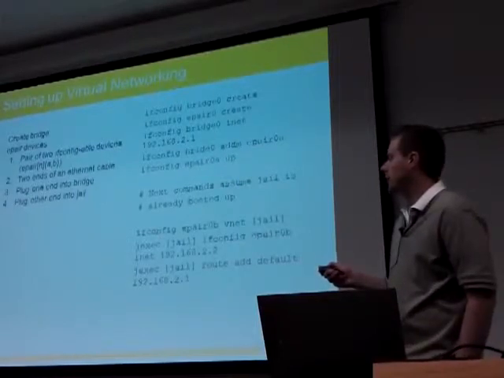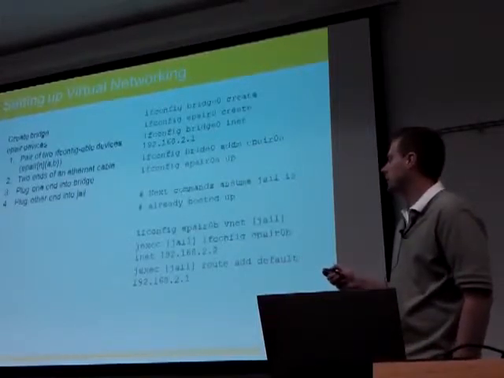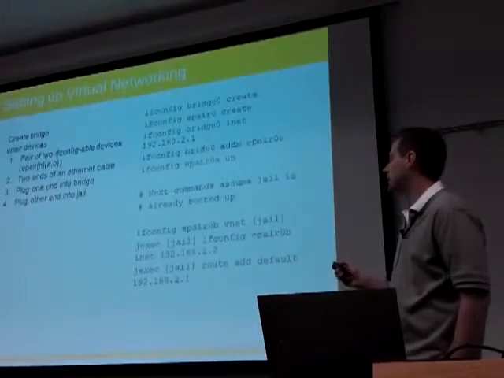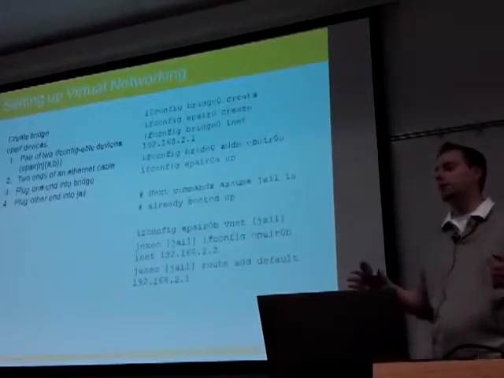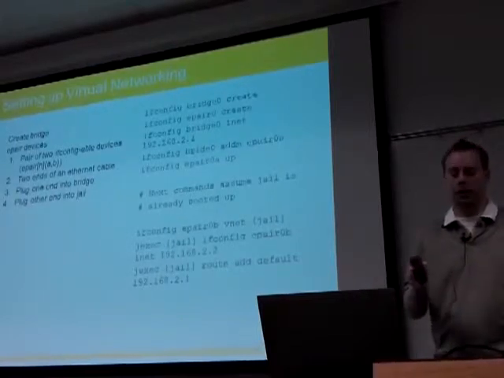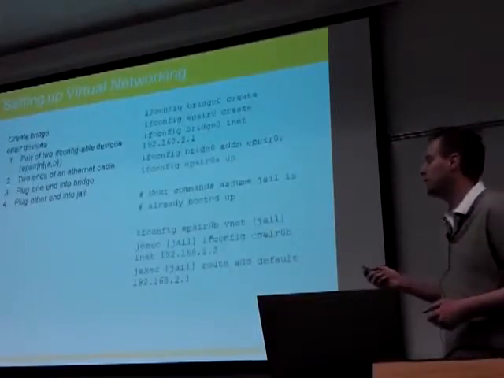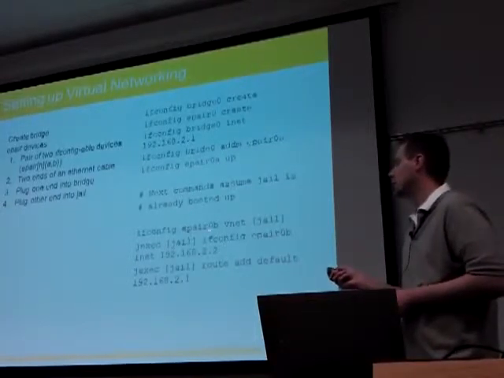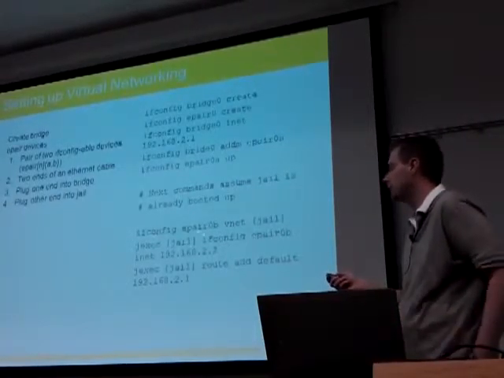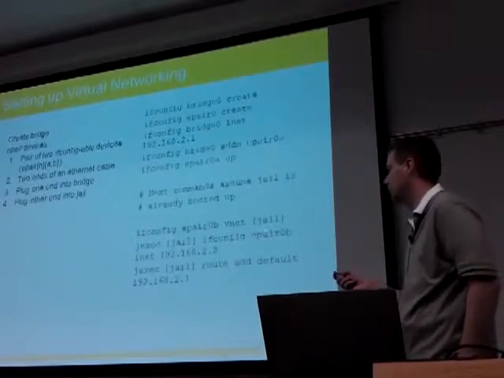So this first command is ifconfig e-pair 0B vnet and then the name of the jail. Each jail has a name. In this presentation, we'll create a template jail and name it template. So when we assign the e-pair device to the template jail, it'll be ifconfig e-pair 0B vnet template.